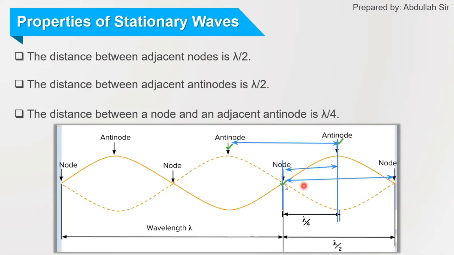Now we are measuring the distance between a node and an adjacent antinode, so it should be half of this distance, that is half of lambda by 2, which is lambda by 4. So we will say that the distance between a node and an adjacent antinode is lambda by 4. The distance between two successive nodes and between two successive antinodes is lambda by 2.